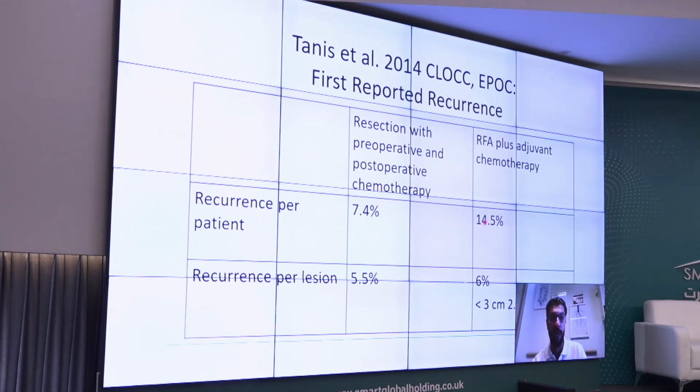And clearly this was because in the case of surgery, sometimes you do a segmentectomy or a complete resection of the right liver or the left liver, so clearly the recurrence per patient will be less. However, recurrence per lesion, this is important to know, was around 6% for both radiofrequency and resection, and for less than 3 centimeter it was around 2%.